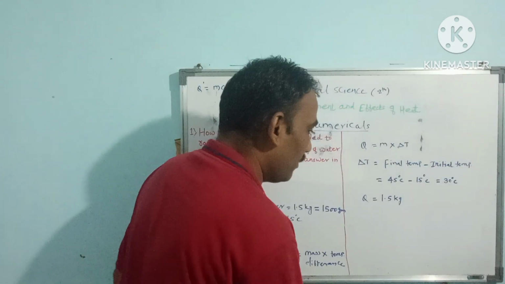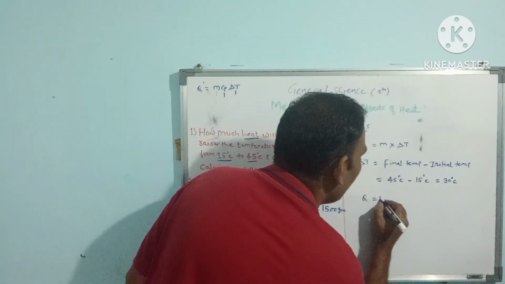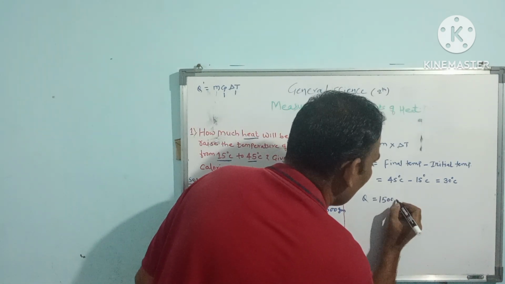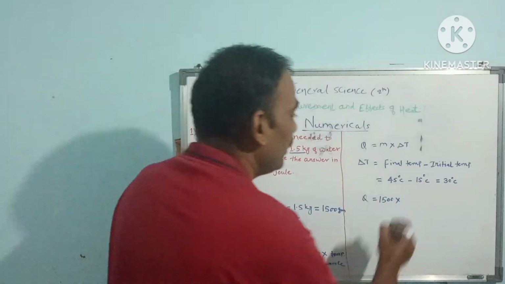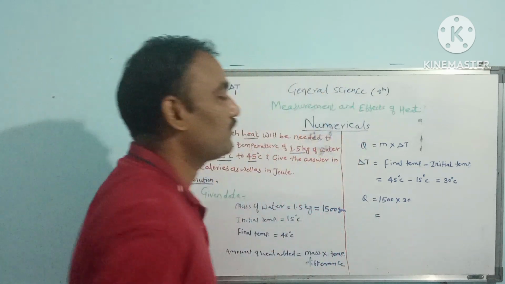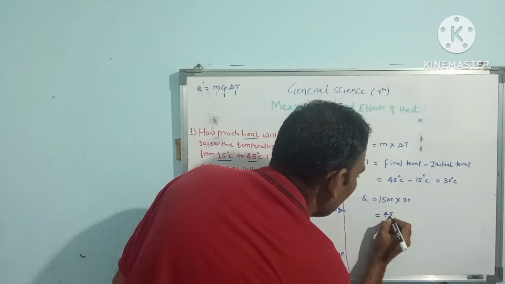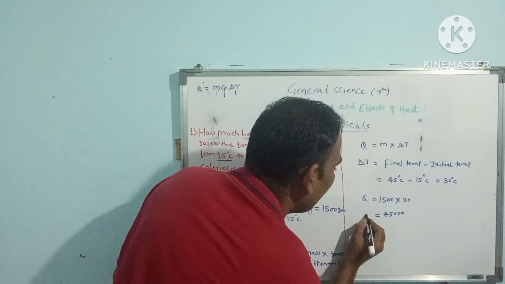Now, while using the equation, we use the mass in gram here. So 1500 into delta T, which is 30 degrees Celsius. Calculate this: 15 into 3 is 45, so 45,000. This is the amount of heat.